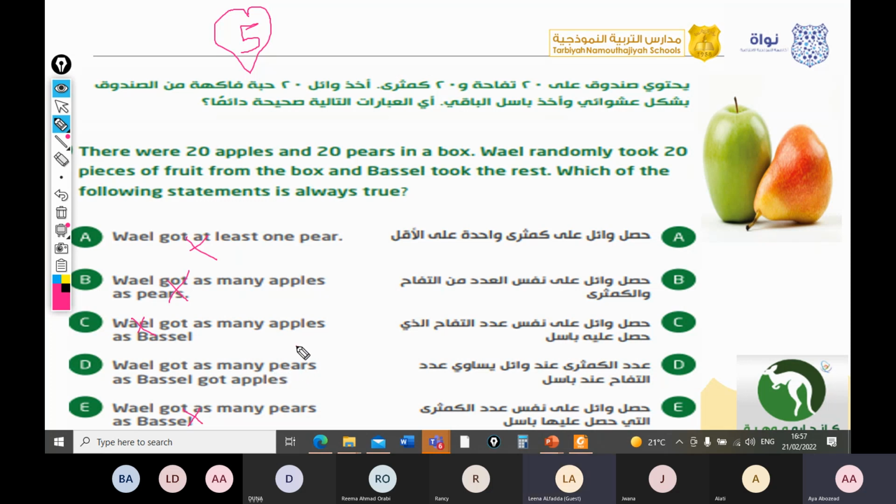Because if he takes 15 pears, that means he took 5 apples, and then it's the same number as the apples Basil took. You understand? If he took 5 pears, it's going to be 15 apples, and that means the apples for Basil will be 5 and the pears will be 15. So it's the same amount but it switches between the apples and pears. Do you understand?